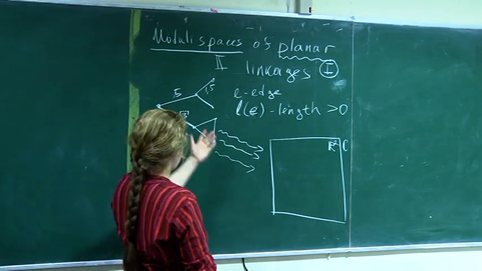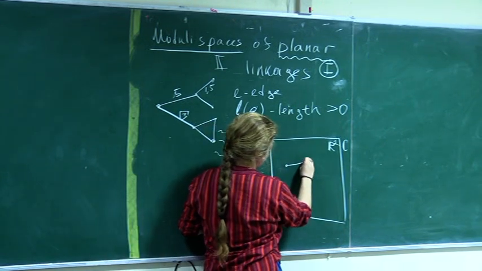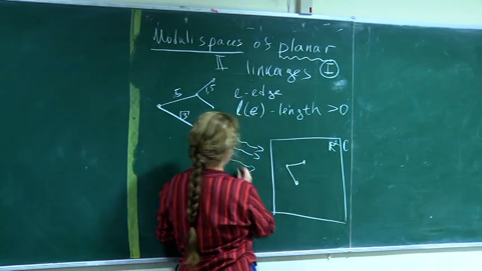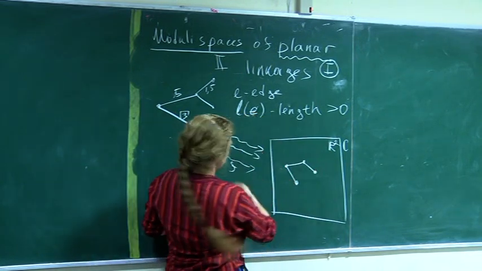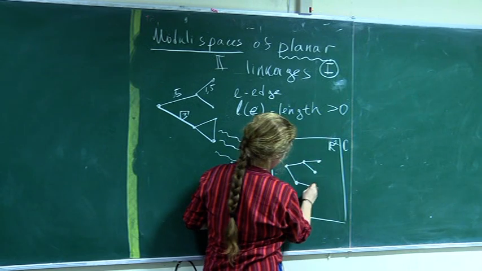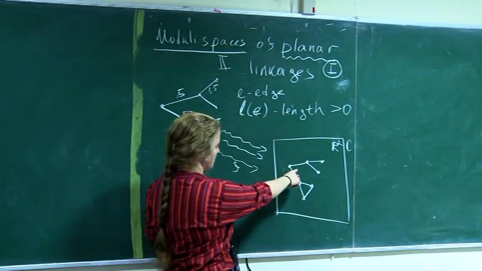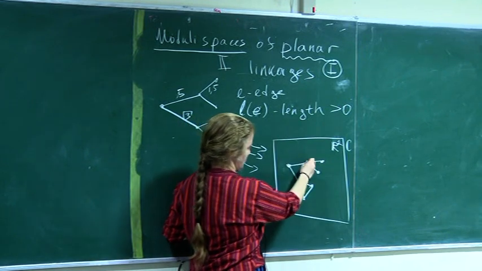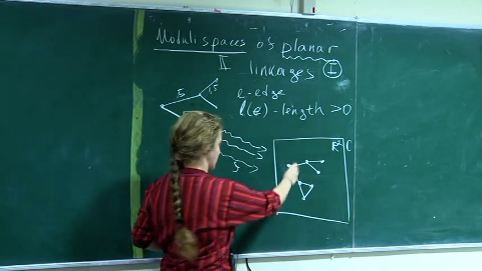A configuration is an embedding of this graph. We map the vertices of this graph in such a way that if we have an edge, then the distance between the images of the vertices will be exactly the corresponding length.